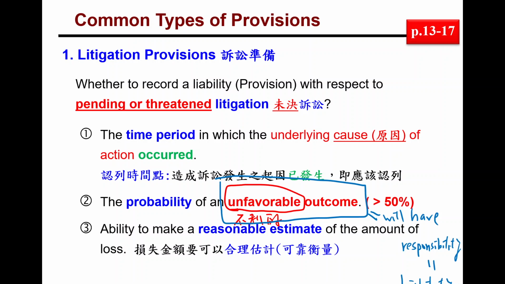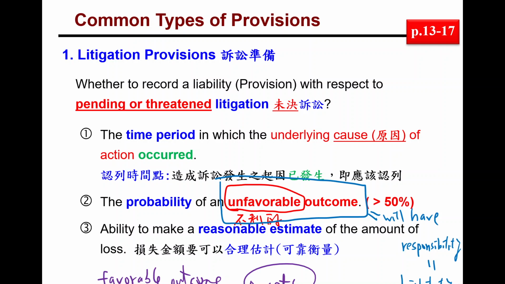We didn't mention favorable. Favorable outcome means 有利的. When we talk about a favorable outcome, it's about your assets.